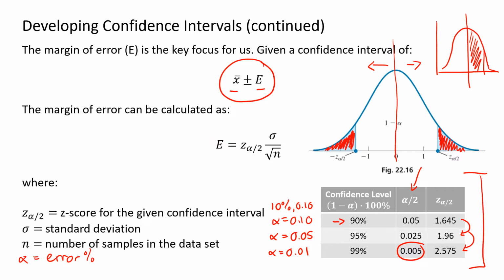The second variable is your standard deviation. If you remember, your standard deviation is looking at how closely distributed your data is from your mean. The smaller your standard deviation, the narrower your normal distribution, and the smaller your error.